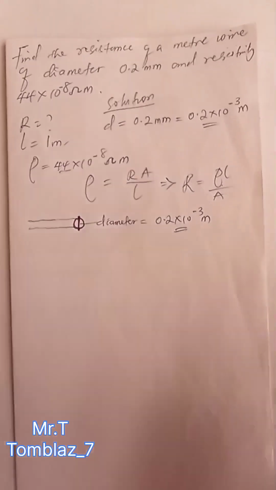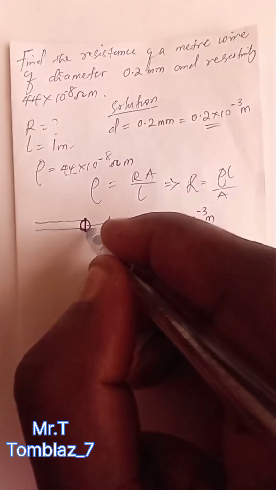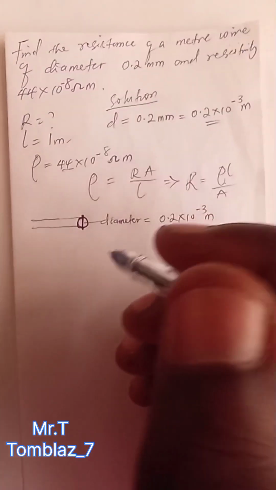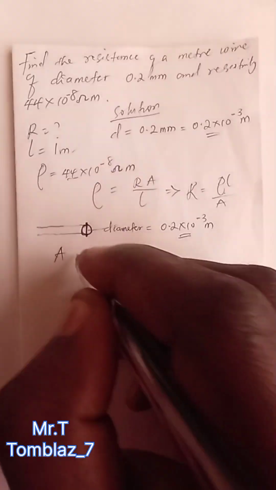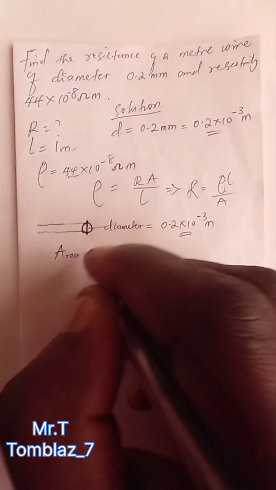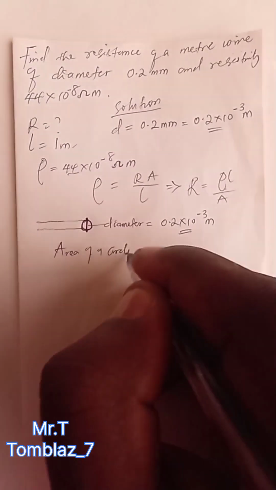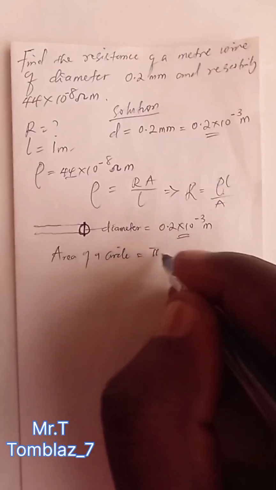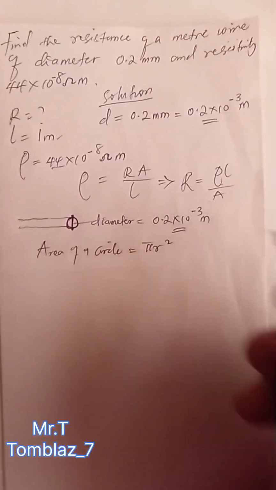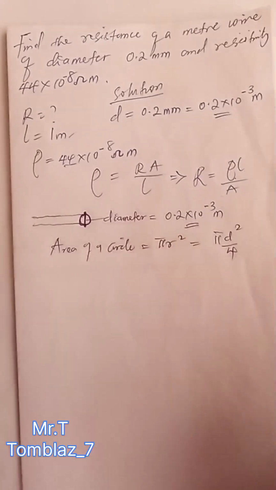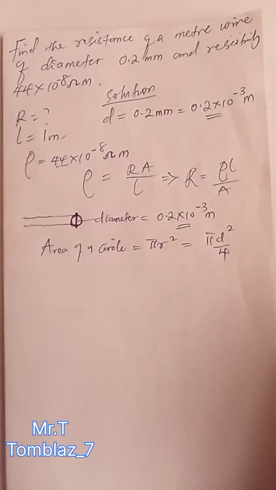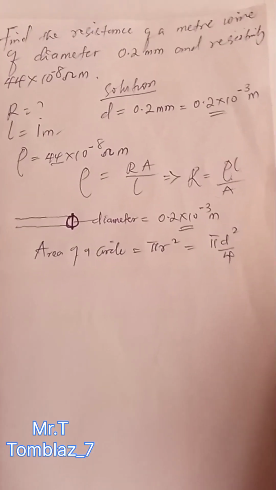So this is a circle. What is the formula to calculate the area of a circle? Area of a circle is equal to pi r square. This can also translate to pi d square over 4, depending on what you are comfortable with.